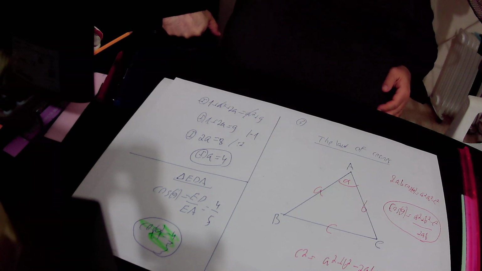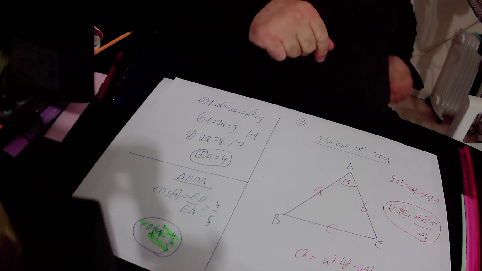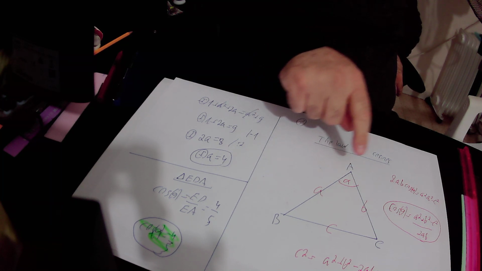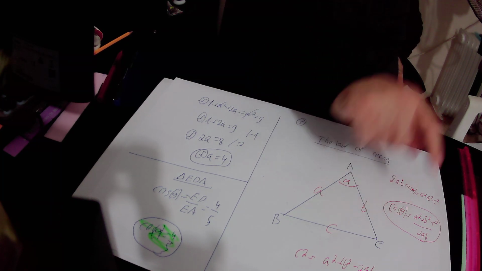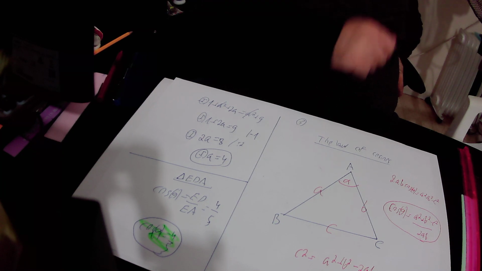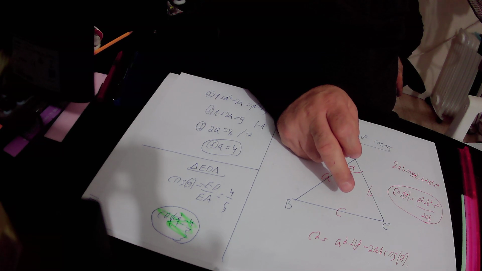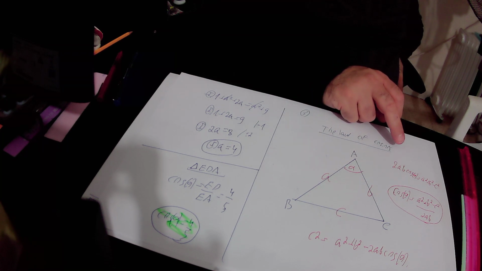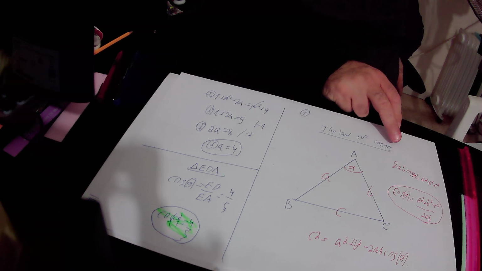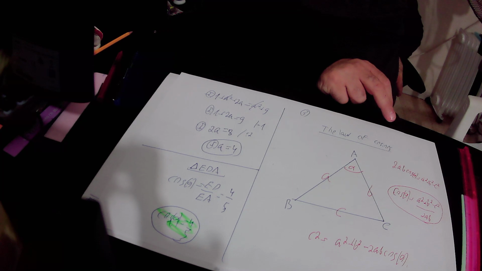Then, according to the law of cosines, a squared equals b squared plus c squared minus 2bc cosine alpha. Rearranging, 2bc cosine alpha equals b squared plus c squared minus a squared. We divided by 2bc, and found that cosine alpha equals (b squared plus c squared minus a squared) over 2bc.